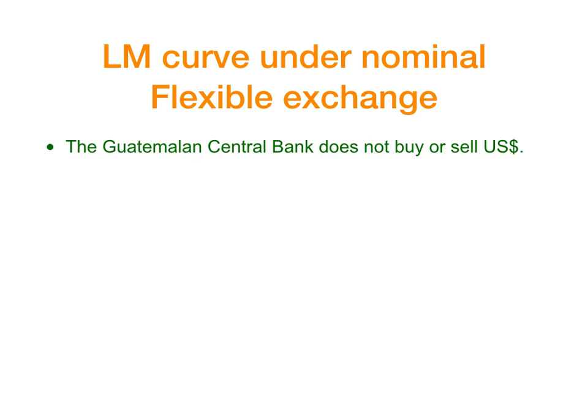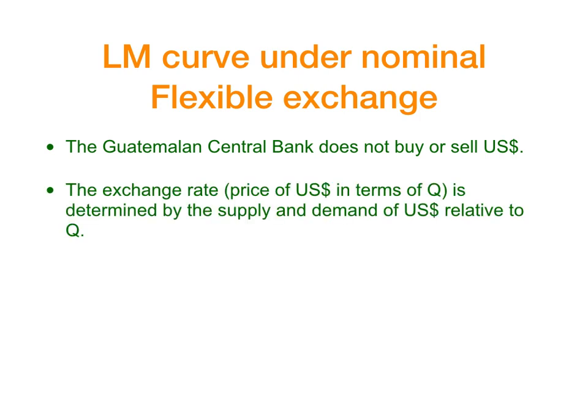So the Guatemalan Central Bank does not buy or sell US dollars. The amount of dollars in the economy is adjusted by supply and demand. And the LM curve is not going to be affected. There is not going to be any effect on the LM curve.